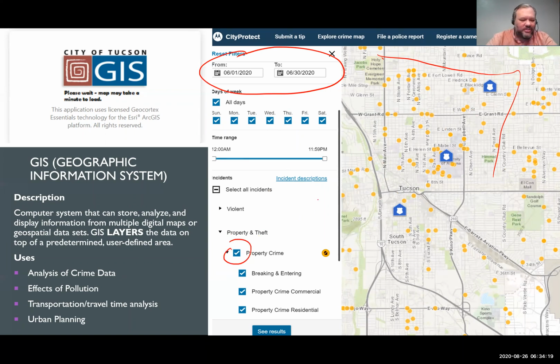And you know, these GIS systems, they can do incredible things because so much data is being collected in a lot of different ways, and you can just start clicking the different types of information you want and see where they fall spatially within an area. It is really, really awesome. And so you can see down here some of the uses: analysis of crime data, effects of pollution, transportation, urban planning.